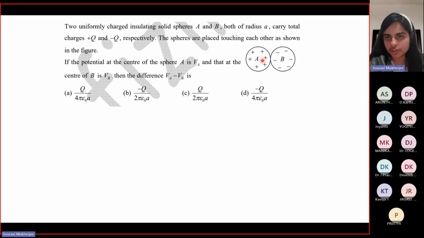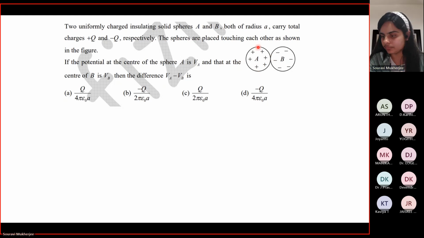What is the potential at the center of A because of the charge on the A sphere?